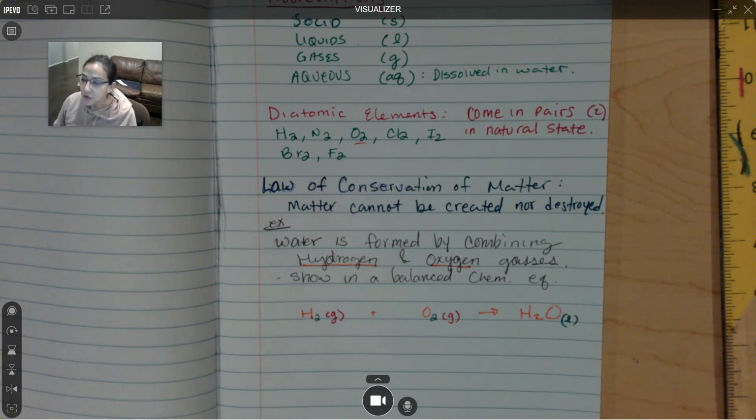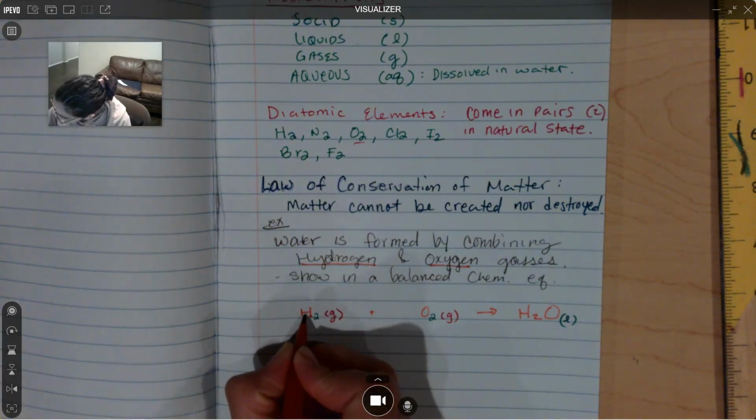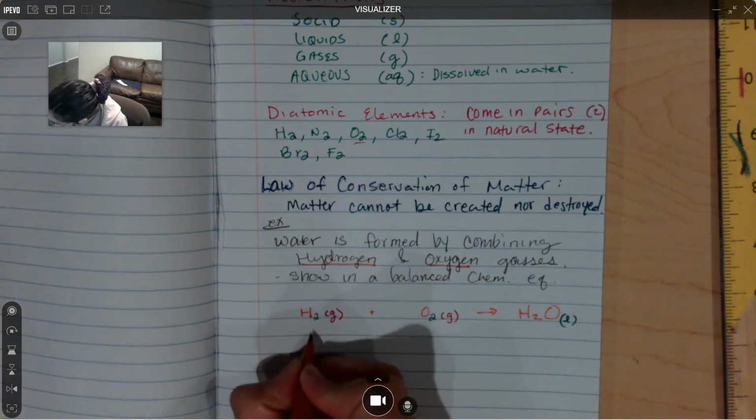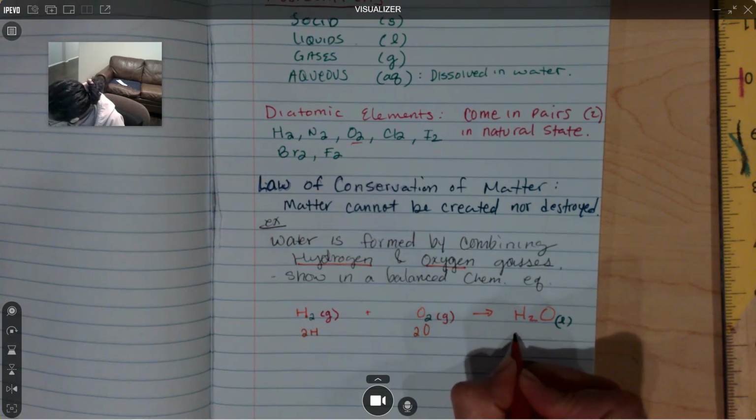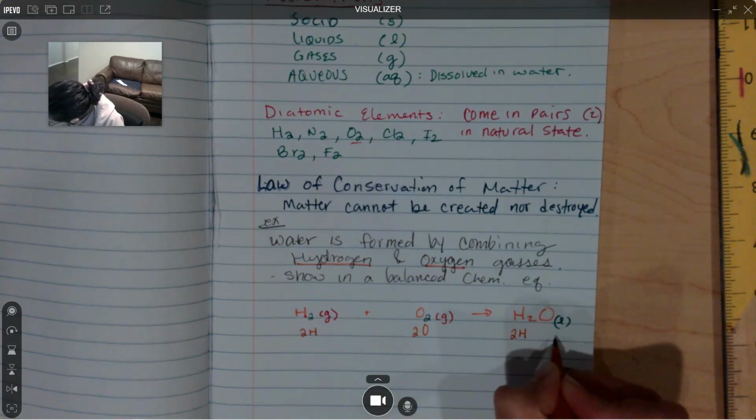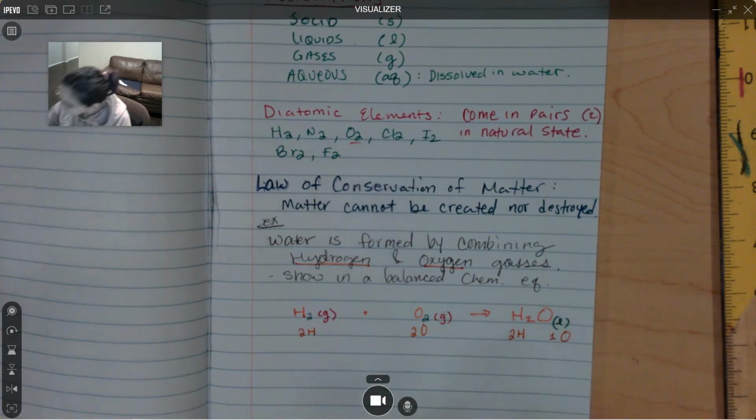We need to now meet the law of conservation of mass, make sure everything is the same on each side. So here I have 2 hydrogens. Here I have 2 oxygens. Here I have 2 hydrogens and 1 oxygen. Right away I can tell that they do not match, so I need to make them match.